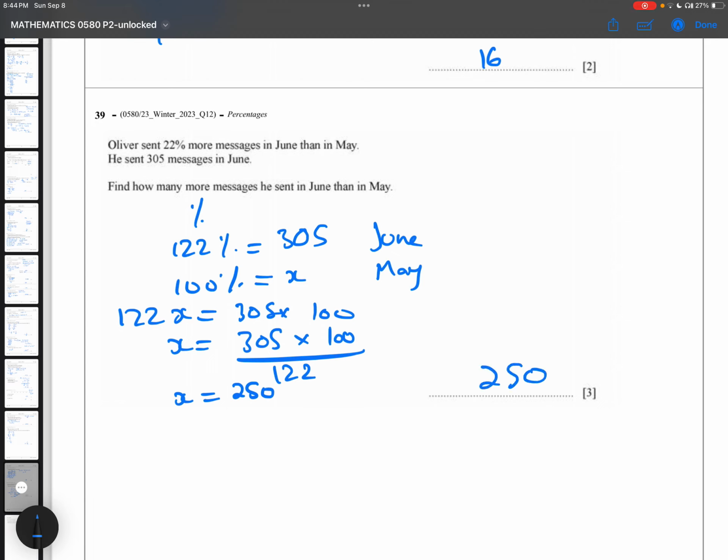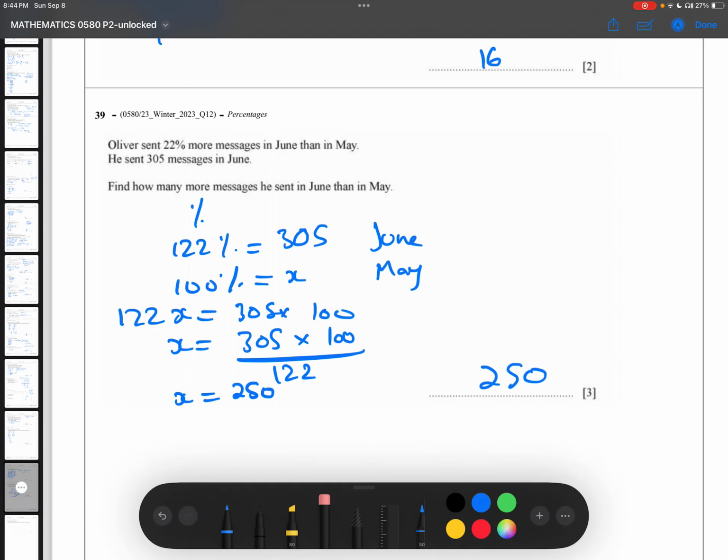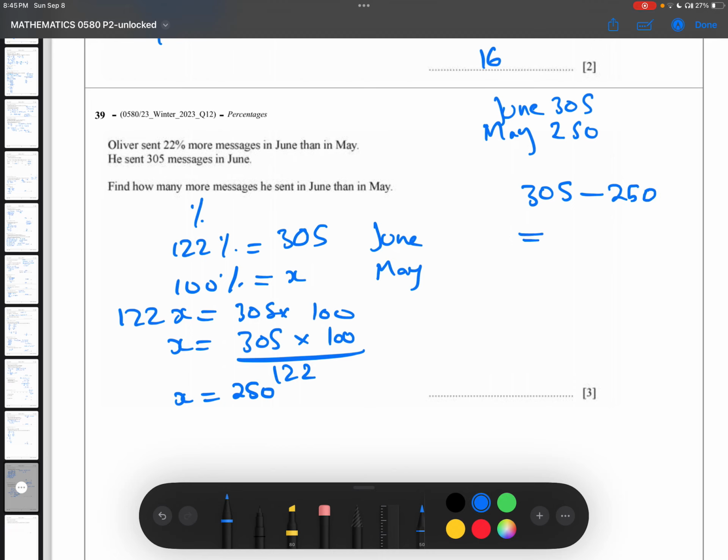So he sent 250 messages in May, and in June he sent 305. So if we subtract 250 from 305, I get 55. So he sent 55 more messages in June.